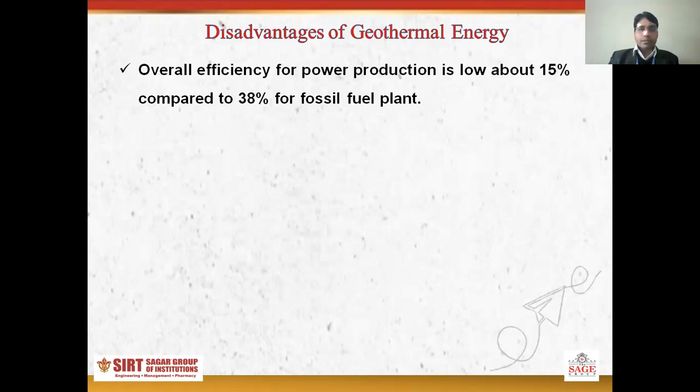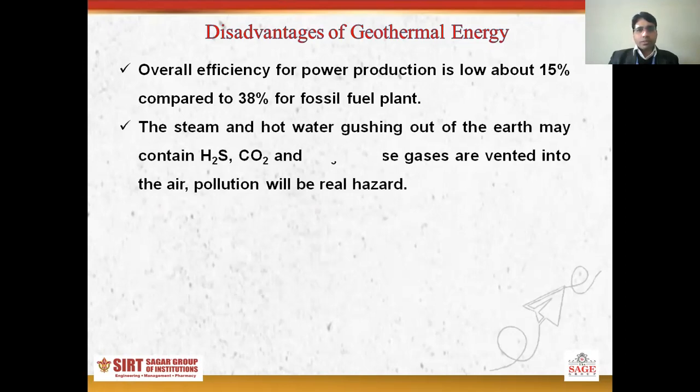Here you can see that the overall efficiency for power production is low, about 15% as compared to the 38% of fossil fuel plants. The steam and hot water rushing out from the earth may contain H2S, carbon dioxide, and ammonia. If these gases are vented into the air, air pollution will be a real hazard.